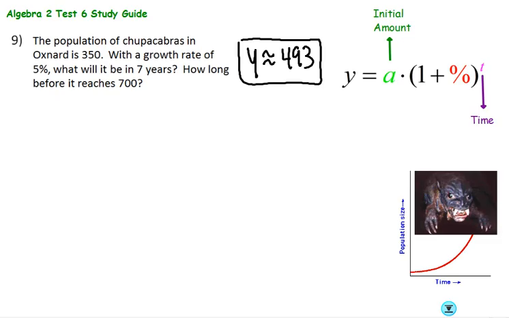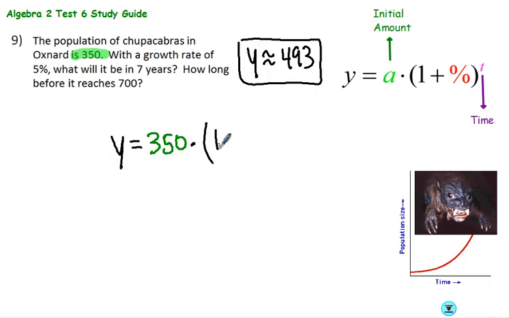All right, so let's write this down. So the initial amount, so we're saying there are currently 350 chupacabras in Oxnard, and they're growing because you know those chupacabras, they reproduce.